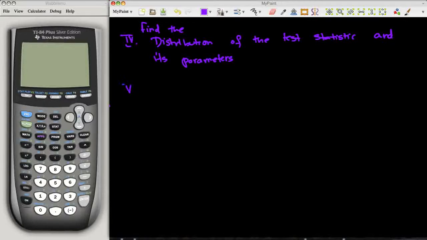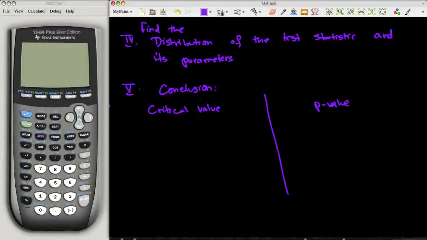And the very last step is the conclusion. And there are 2 ways to obtain the conclusion. So the first approach is the critical value approach. The second approach is the p-value approach. In the critical value approach, you would find the rejection regions or region by finding critical values.